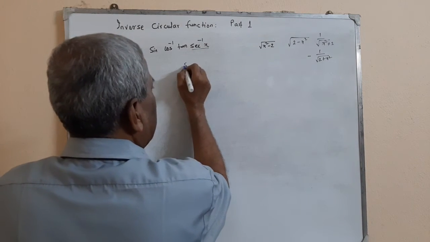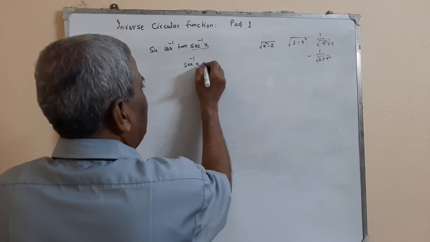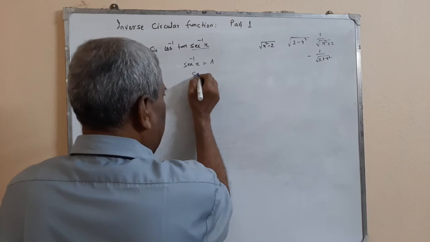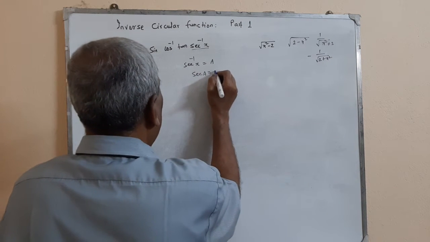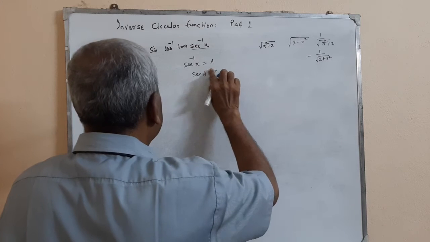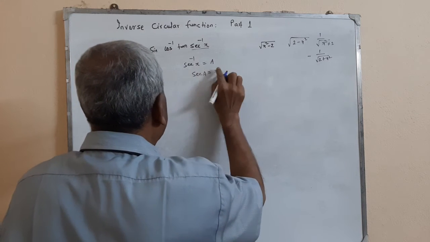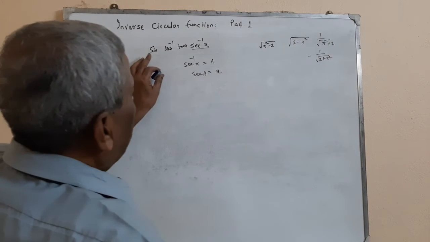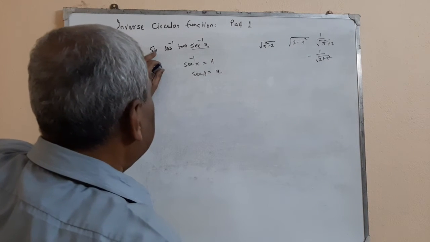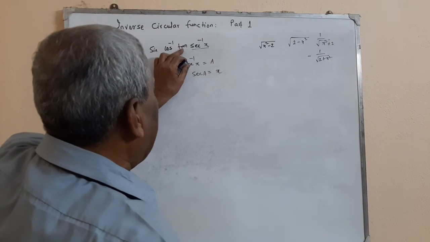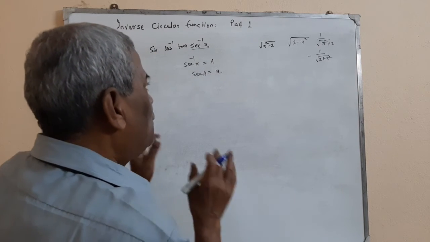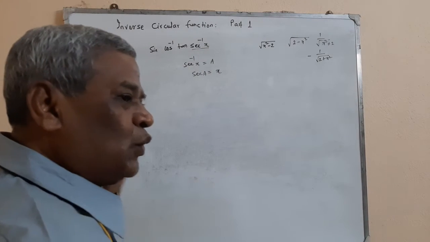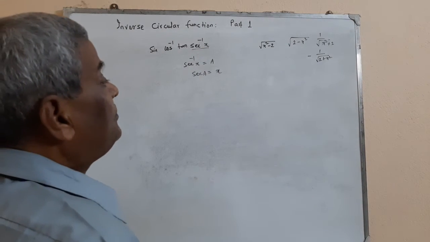Suppose sec inverse x is equal to a. So sec a is equal to x. And here you see sine cos inverse tan a, so we have to find the value of tan a. We can do it in different ways.